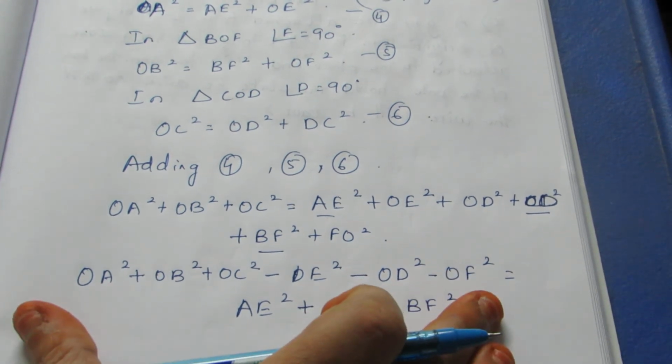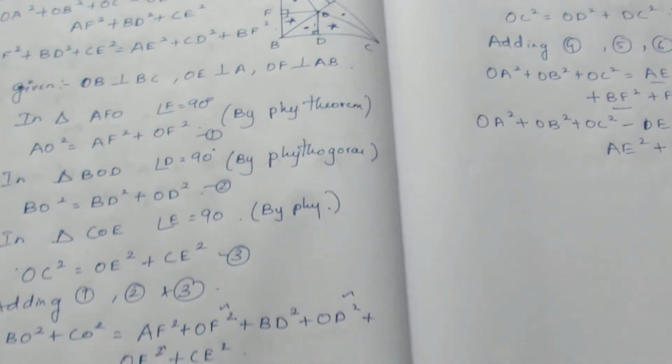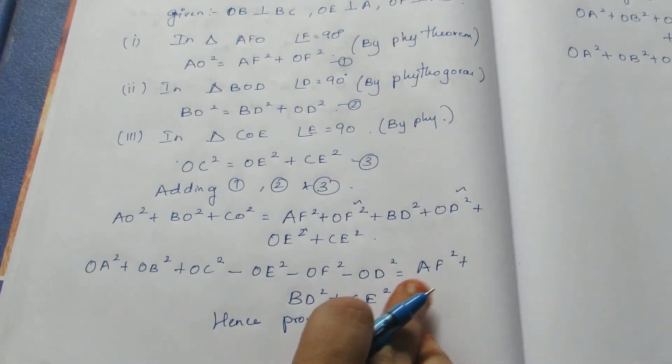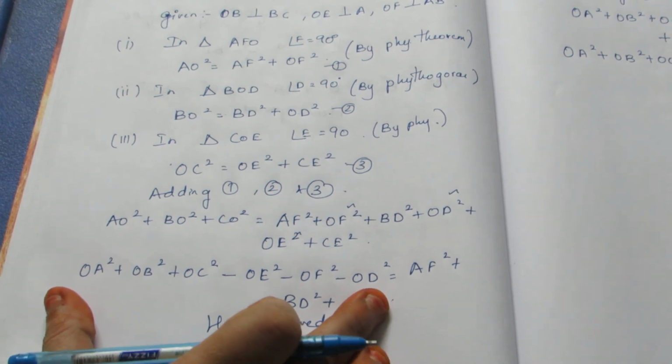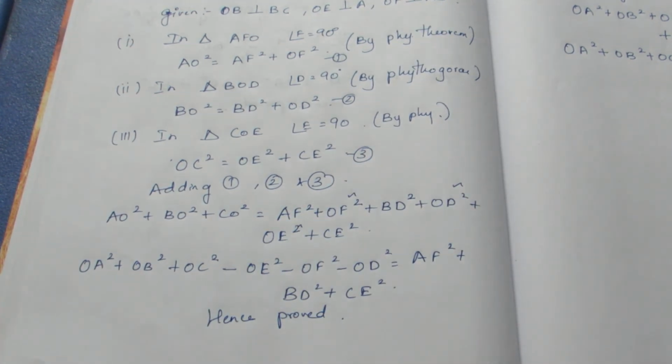Already we know that this is equal to AF square plus BD square plus CE square, because this is what came in the LHS of the second equation.